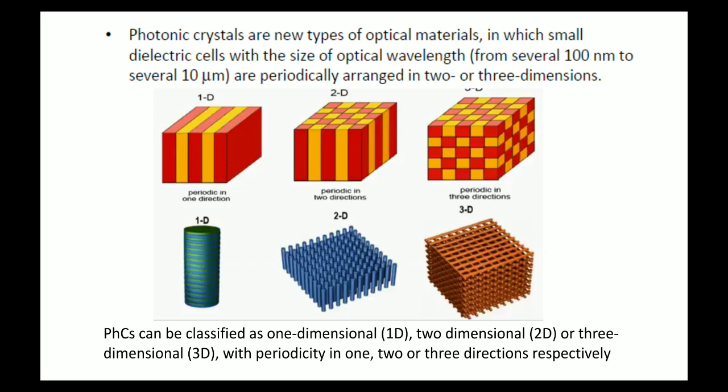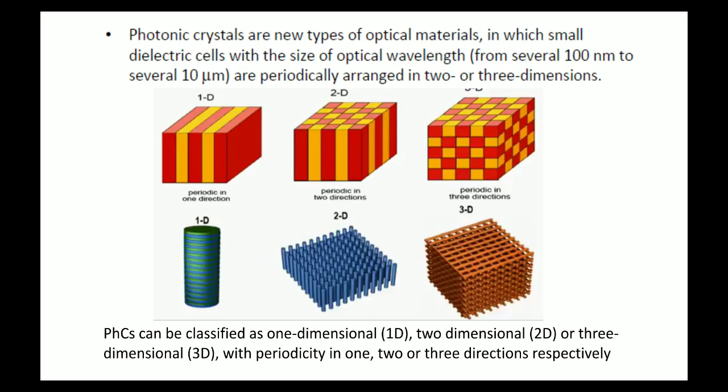The periodicity is only in one direction, let us say the x direction. In the y and z directions of the cube there is no periodicity. That's why we call this a one-dimensional photonic crystal.